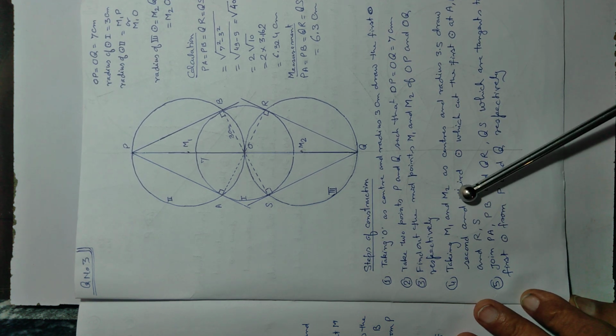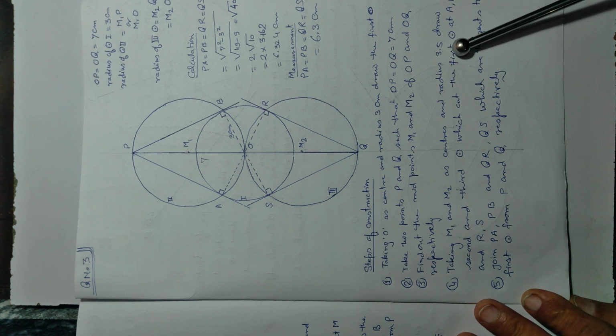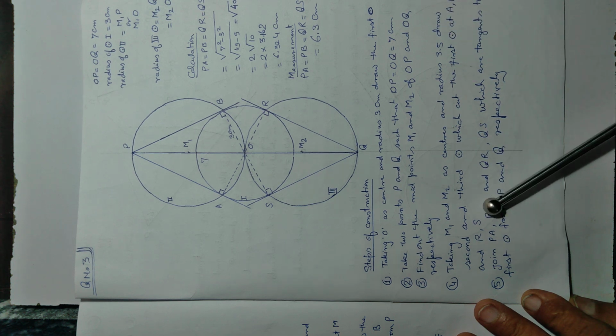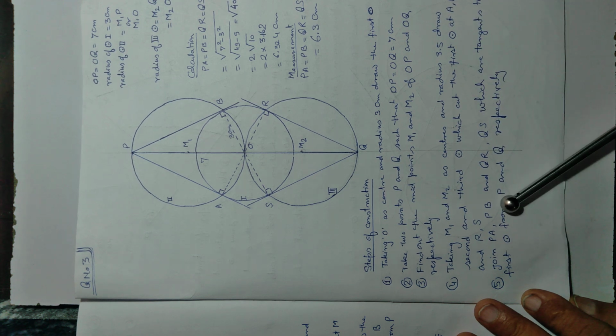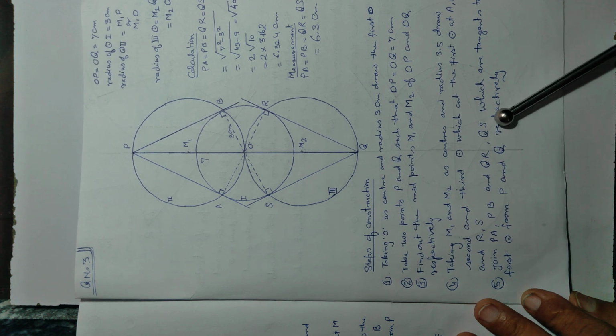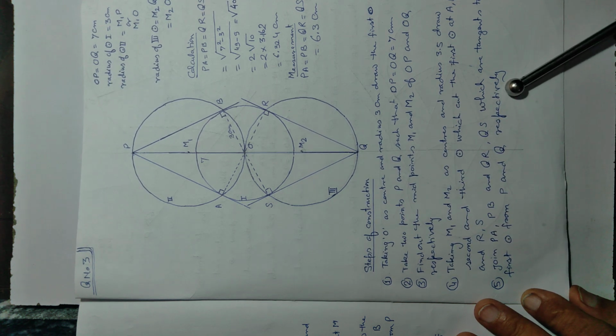Taking M1, M2 as a center and radius equal to 3.5 centimeter, draw the second and third circle, which cuts the first circle at A and B and R and S. Join PA, PB and QR, QS, which are tangent to the first circle from the point P and Q respectively.